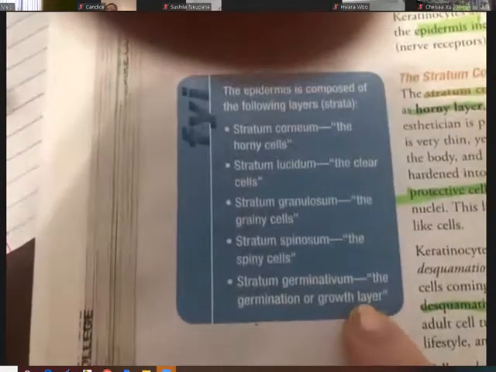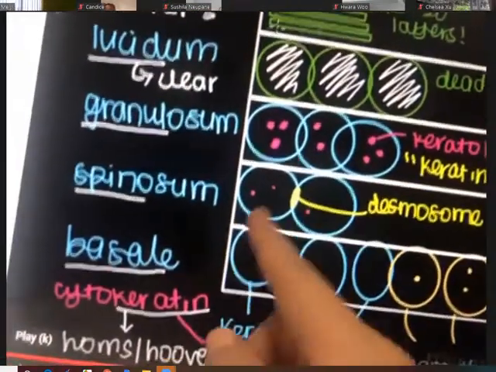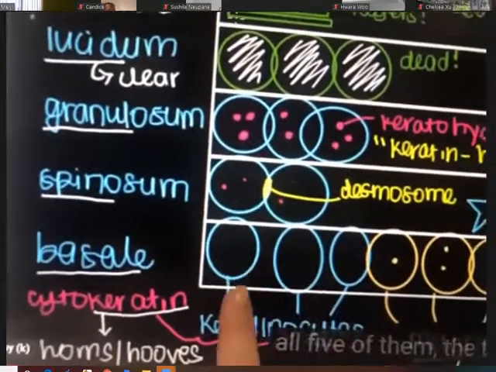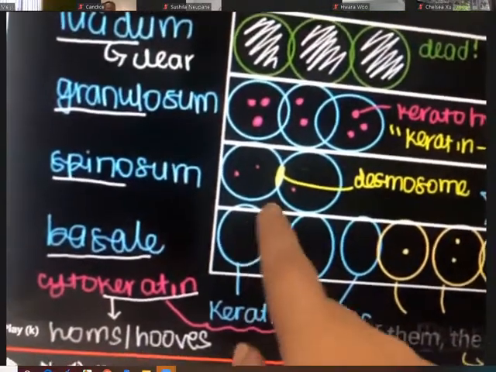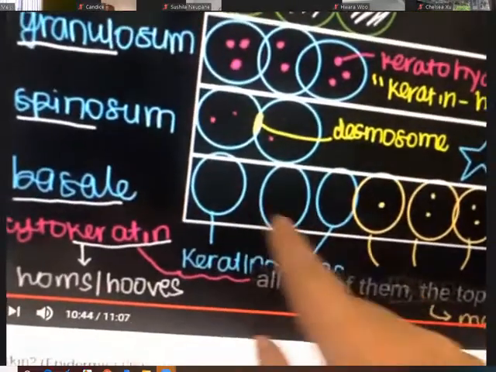The basal layer is called the growth layer. So the keratinocytes split in half and go up. New skin cells grow here.